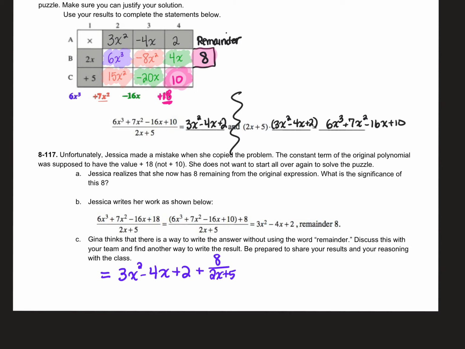That's one way that we can write our remainder. There's a lot of other ways, and truthfully, we won't be doing a lot with the remainders this year, so that won't be a huge part of the process.